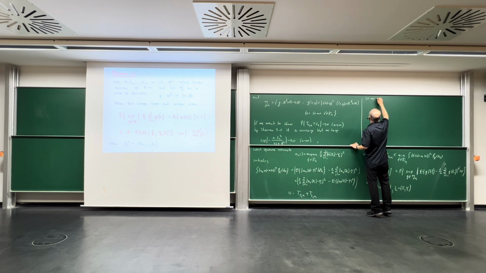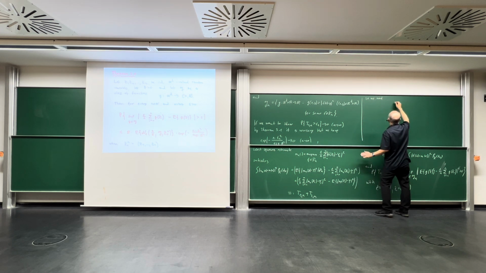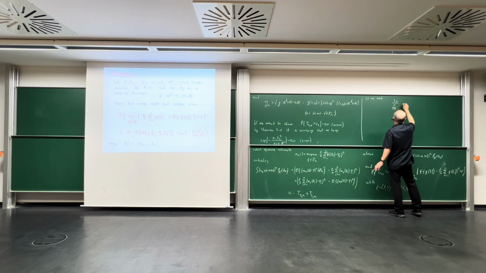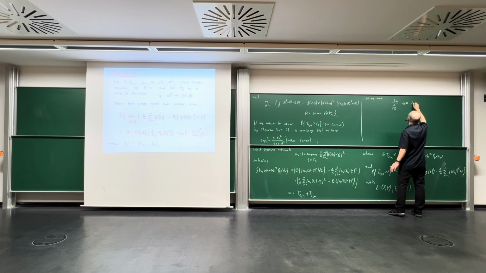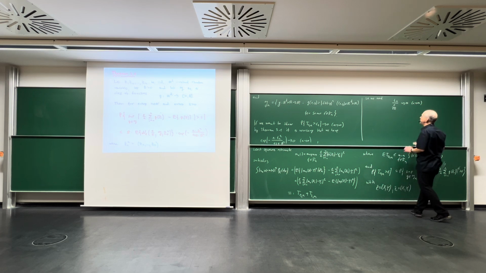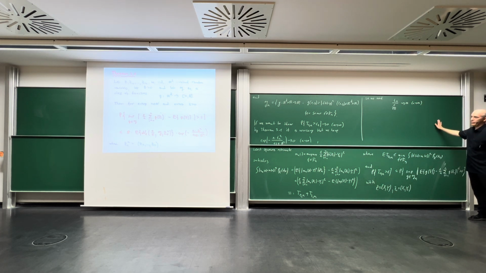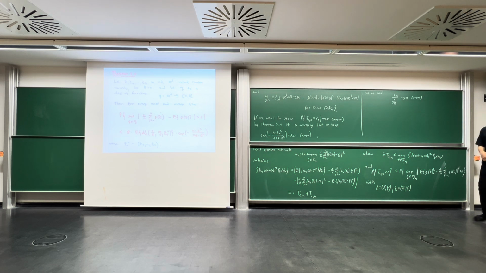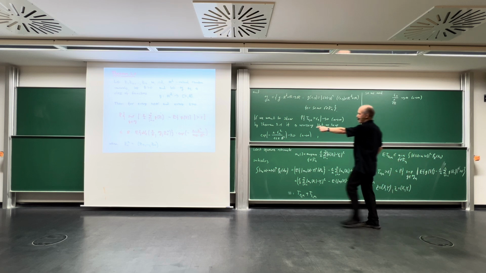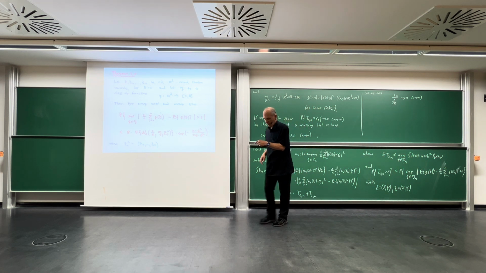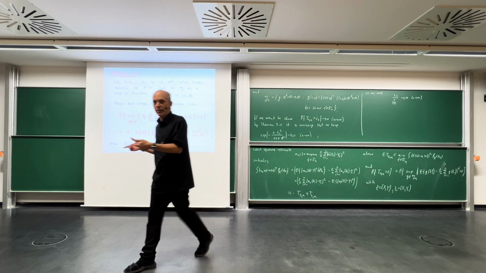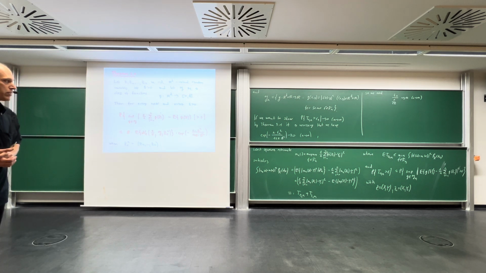So we need Tn divided by 1 over square root of n to go to infinity. Because this is the same as Tn squared divided by 1 over n, so the square root of it must go to infinity.